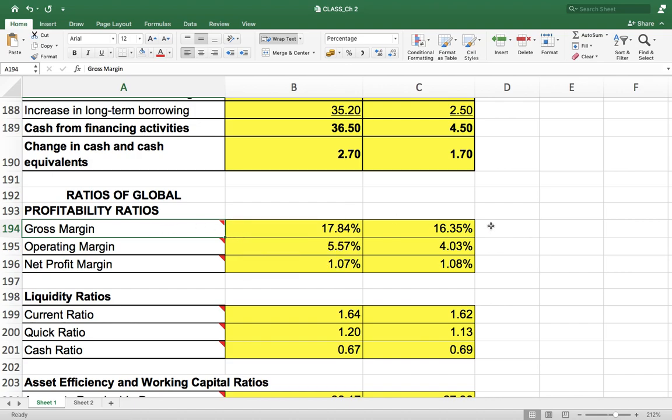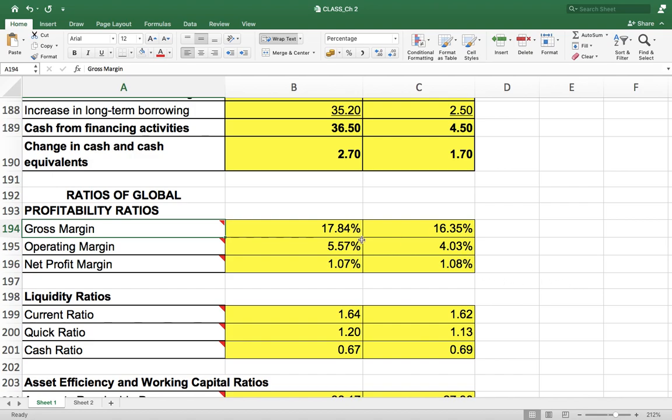You see here, it is only 2 years. Maybe sometimes you need to do it for 5 years, 7 years, and draw a trend line. All these things become easier in financial modeling, and we can draw charts and use many kinds of analytical tools further.